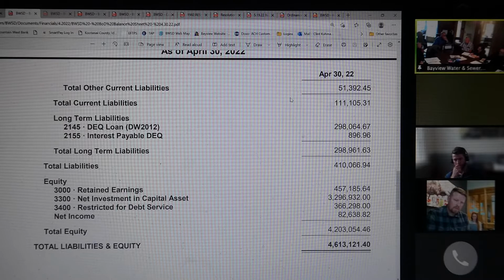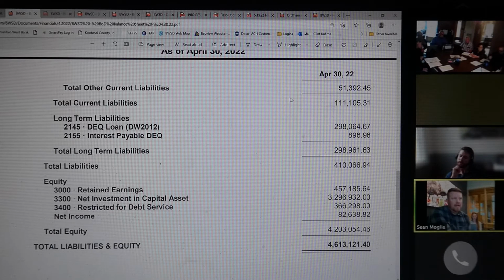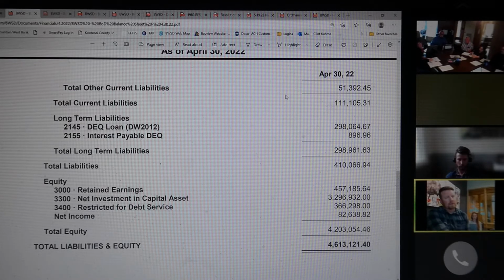But I do have one other question then in the equity section. What is that restricted for debt service? Yeah, and that's tied to the audit, Colleen, and the way that Scott has to present it. Without pulling that back up, I'm imagining that those are typically amounts that you have dedicated, or they call restricted, to paying off debt.